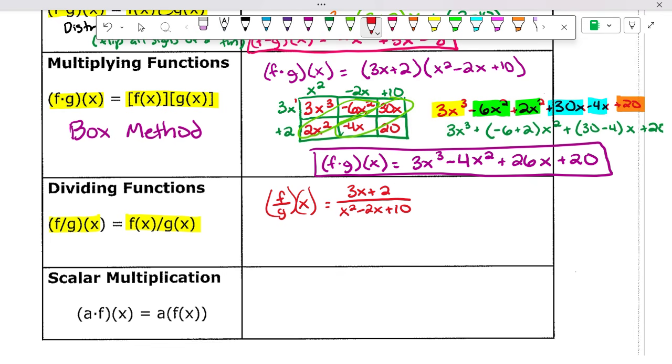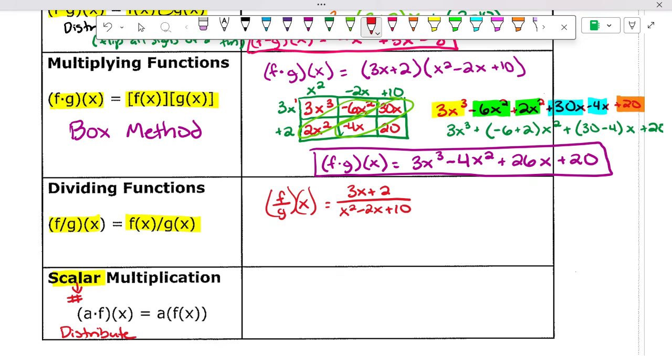Now, this last one, scalar multiplication. All right. A scalar is just a number, not a value like x or x squared. It's a number. So in other words, you would distribute said number. All right.